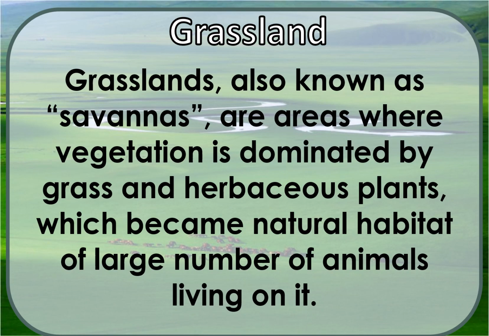So they are sometimes called savannas, prairies, steppes, or pampas. Savannas are areas where vegetation is dominated by grass and herbaceous plants, which became the natural habitat of a large number of animals living in it.